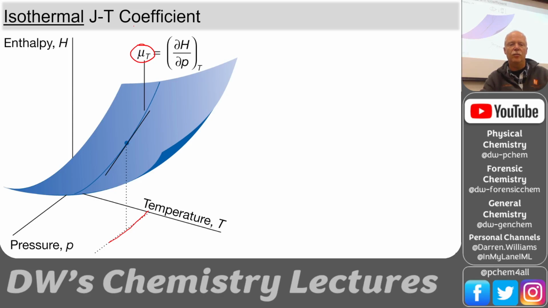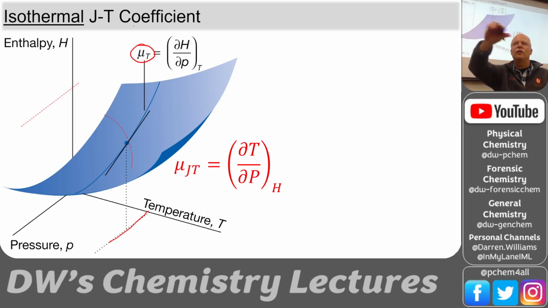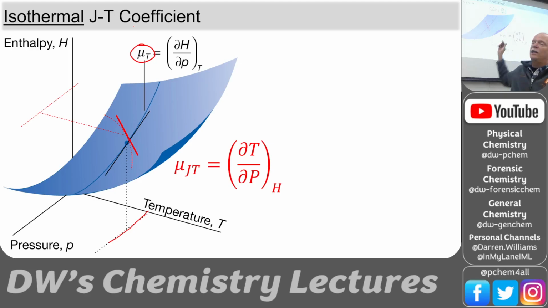Okay, that's slope. But if we wanted the constant enthalpy one, we would pick an enthalpy value, and that would trace out this curve that's horizontal on this surface. Then the instantaneous slope of P and T at constant enthalpy would be that slope. These two are related to each other by the heat capacity at constant pressure.